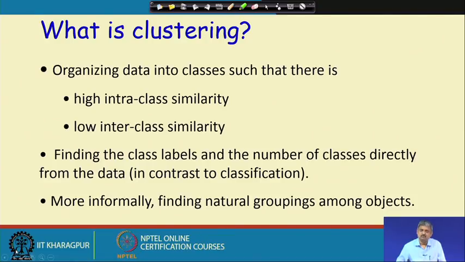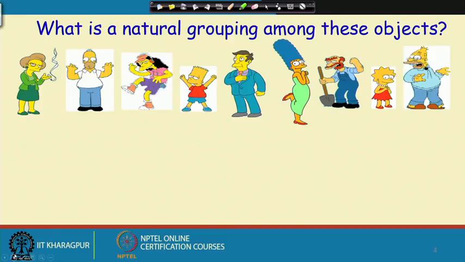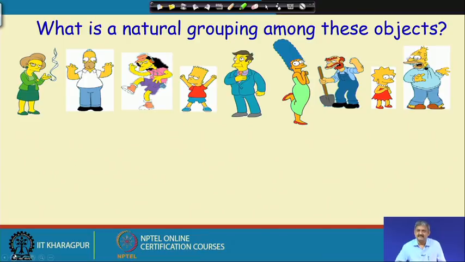This actually amounts to finding the natural groups in the data. So, what does natural groups mean? Suppose I have these images. If you note the previous definition, I said that you group your data into similar objects.